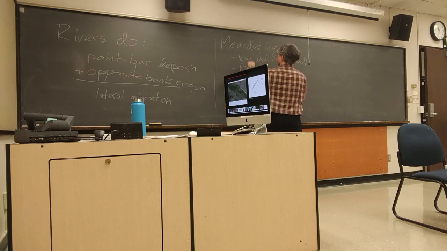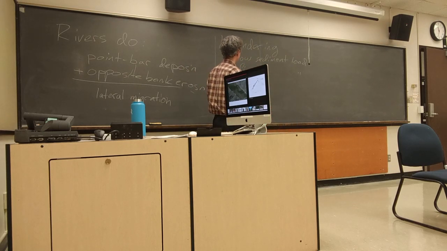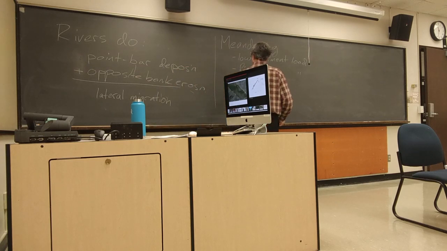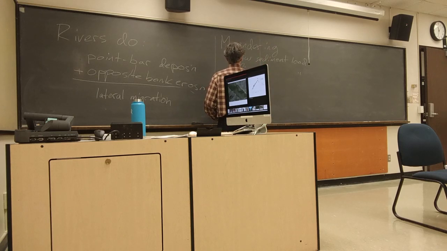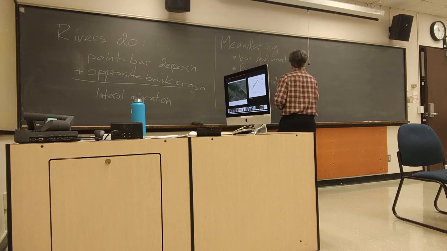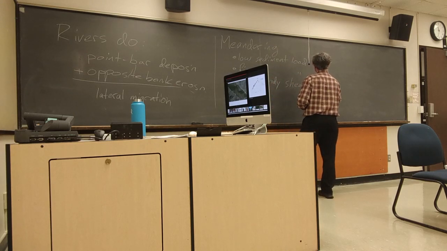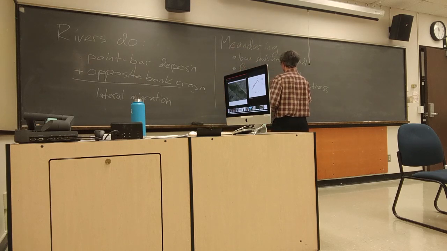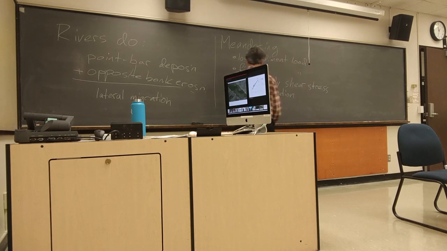So when we have a relatively low sediment load, what kind of goes with that is low boundary shear stress. And so we get slow migration. We get vegetation.